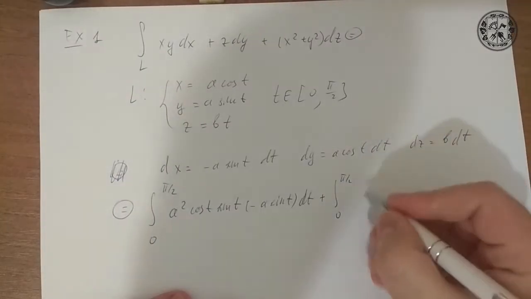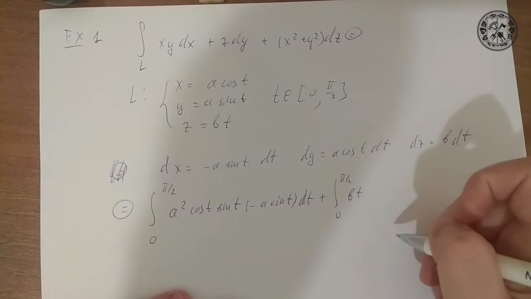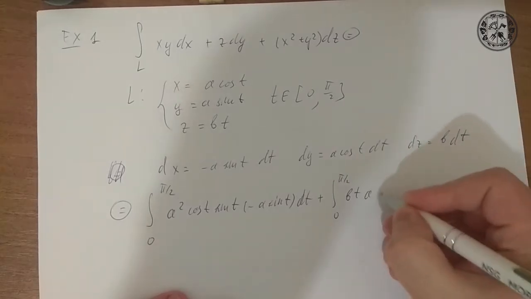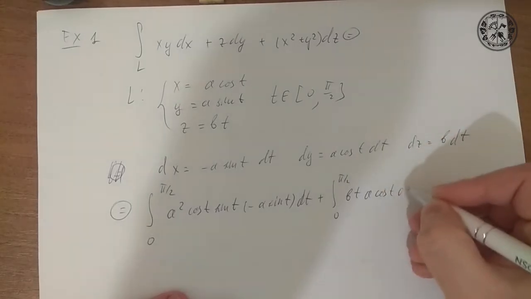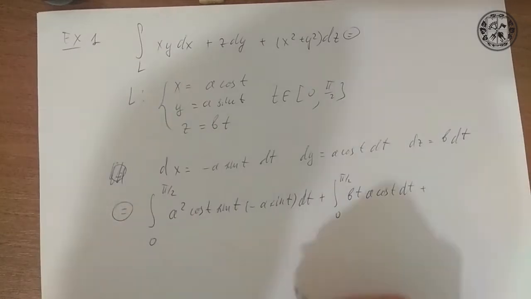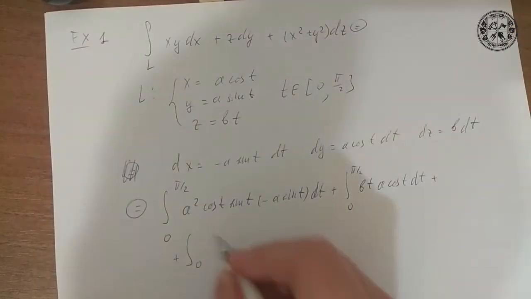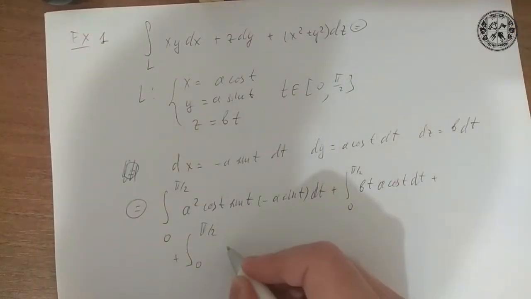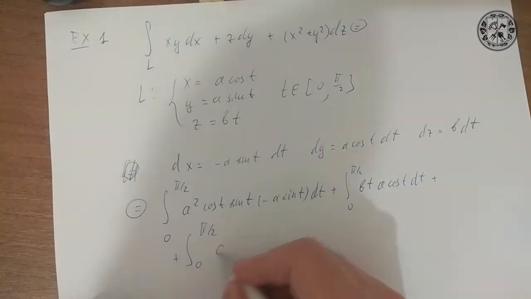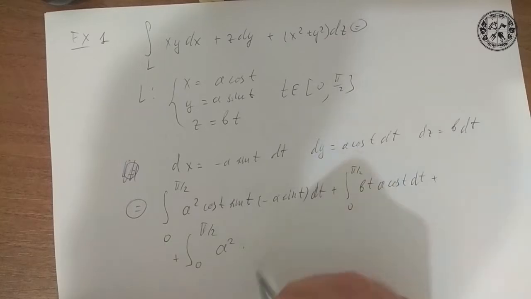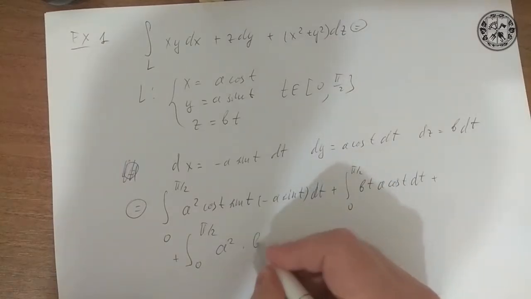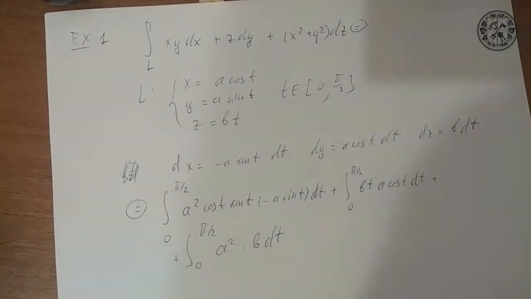Now we have z, b t, multiplied by dy, or a cosine t dt, plus the integral from 0 to pi over 2. x squared plus y squared is just a squared, multiplied by dz, which is b dt. Now we just have to calculate these three integrals.